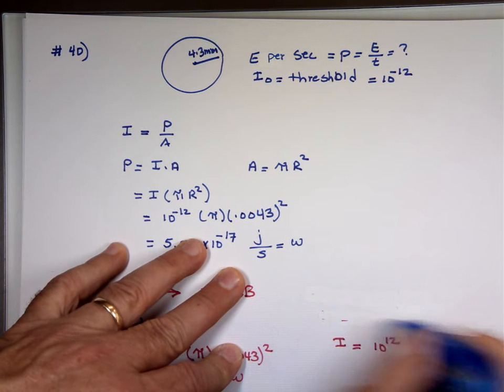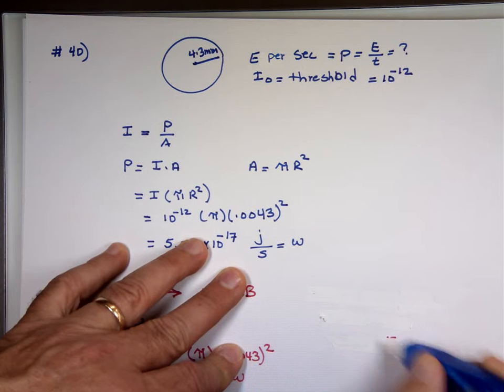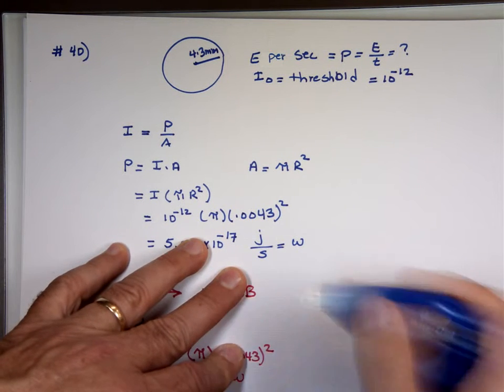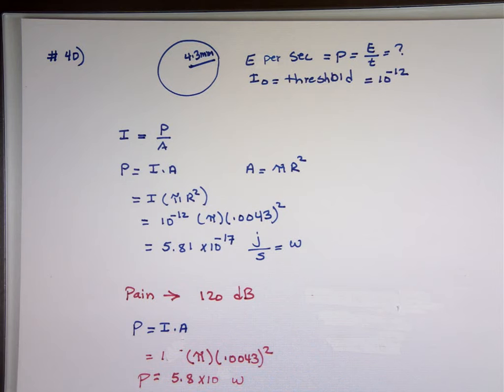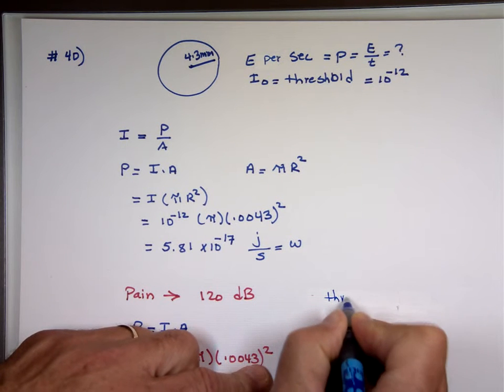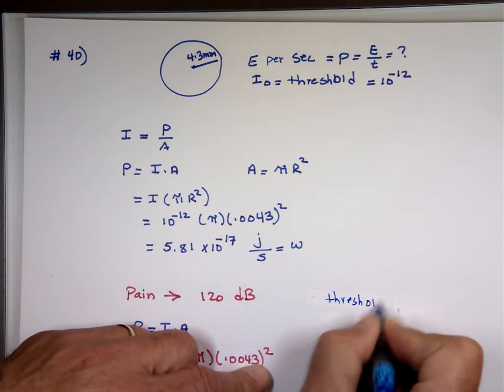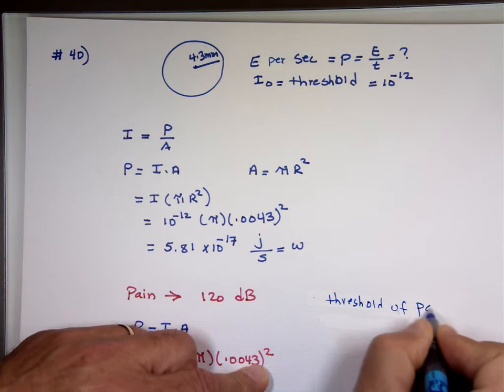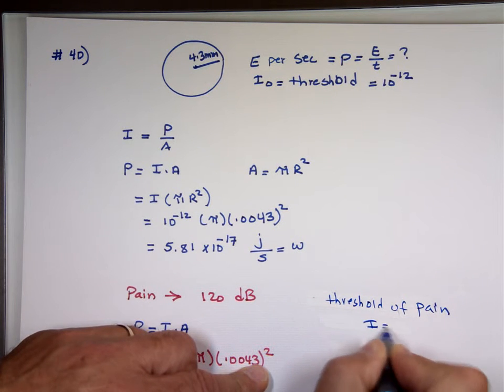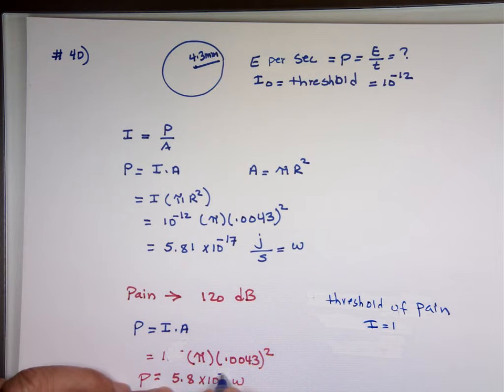You start to feel pain when I equals 1, so it'll be a negative 5. The beginning of the pain starts at a lower value and increases beyond that. So let's try that number, 5.8 times 10 to the negative 5.